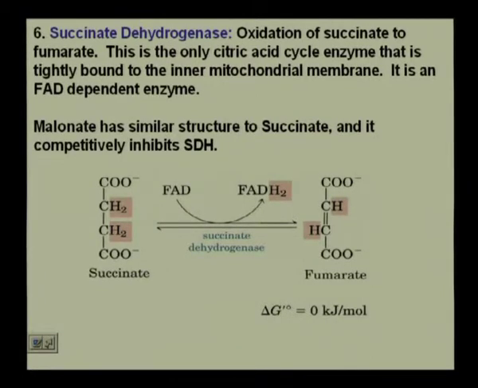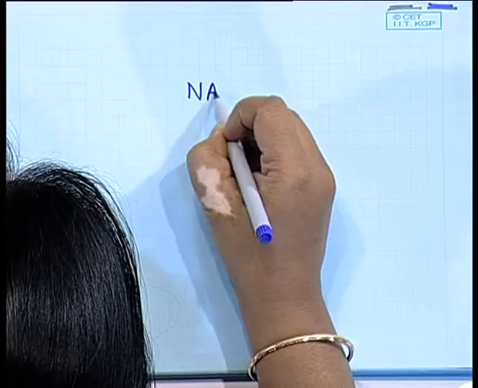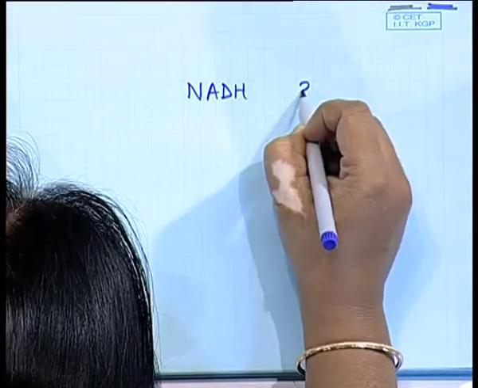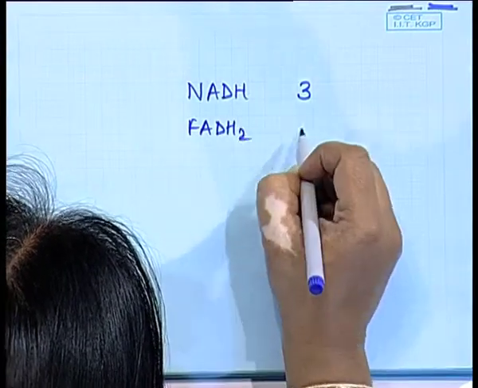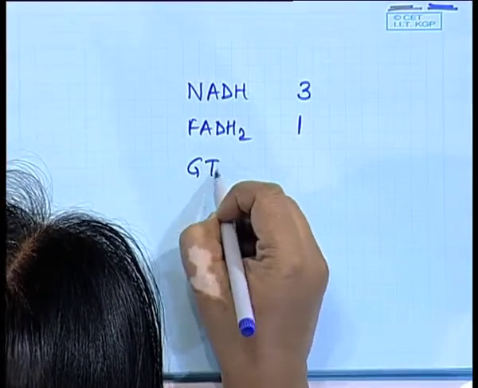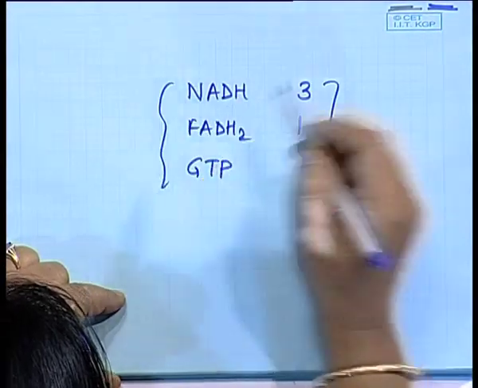So, 2 NADH, 1 FADH2, 1 GTP, then another NADH. So, how many do we have now? We have 3 NADH, 1 FADH2, and 1 GTP. So, these are all coming from our TCA cycle.